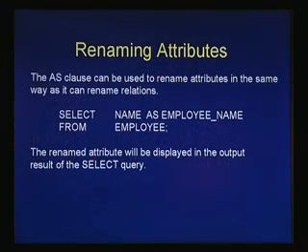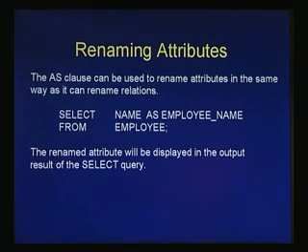Just like we have been using aliasing for renaming table names, the as clause can be used to rename attribute names as well. The slide here shows such an example. It says select name as employee_name from employee. So, what does it do? It simply selects the set of all employee names from this table.